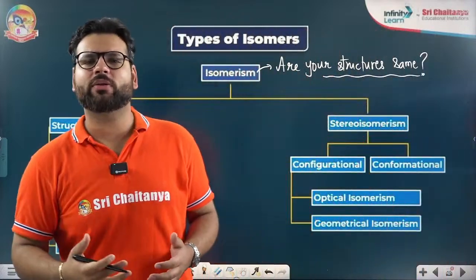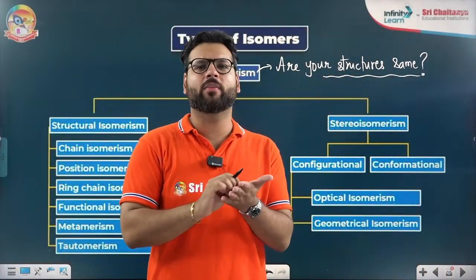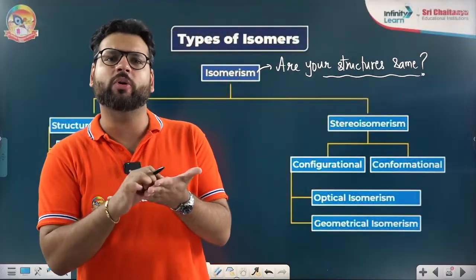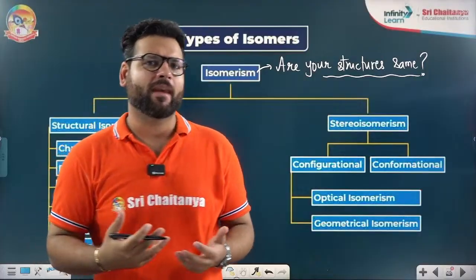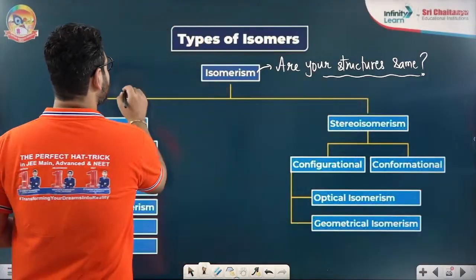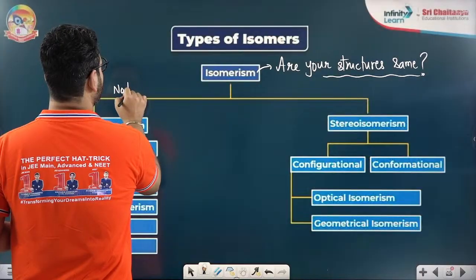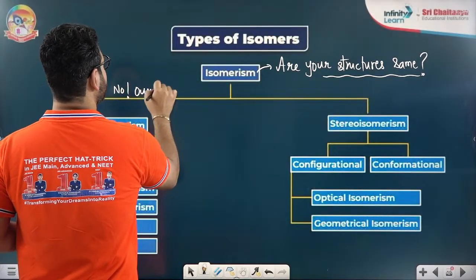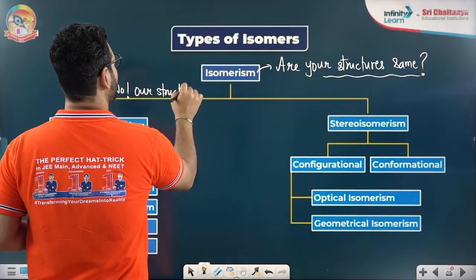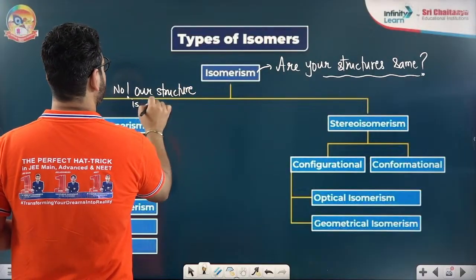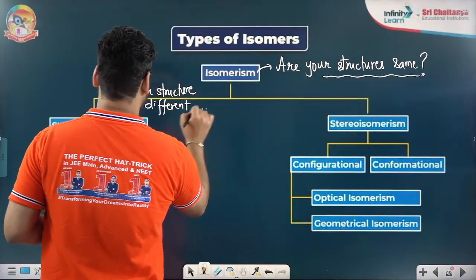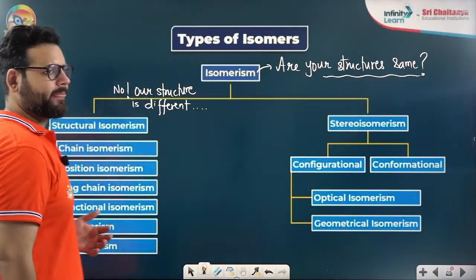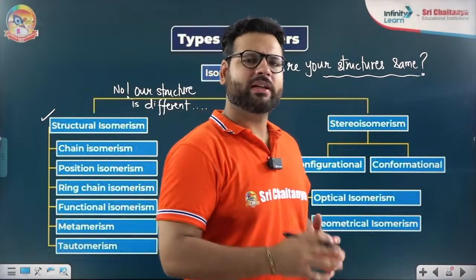By structure we mean how the molecule looks when you write it on the page, in a notebook, whether they look different structurally or not. If they say, no, our structure is different, then we will call them structural isomers.